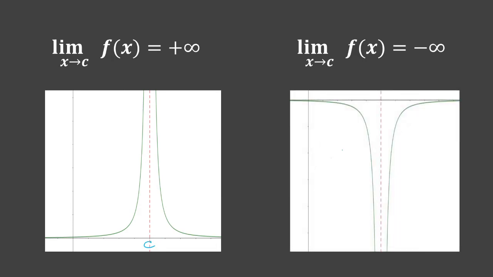And for this graph, the vertical asymptote here is also c. Now, for this graph, we can see that as the value of x gets closer and closer to c, f of x increases without bound. And for this graph, as the value of x gets closer and closer to c, f of x decreases without bound.